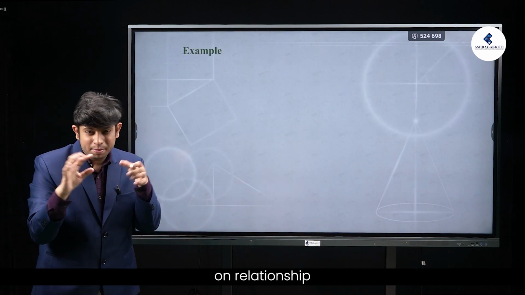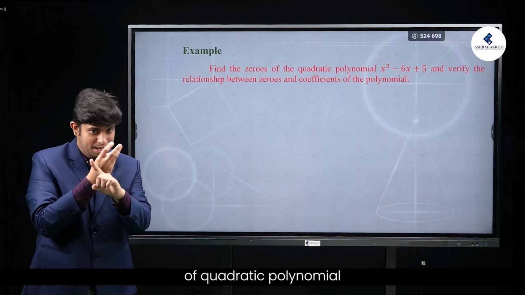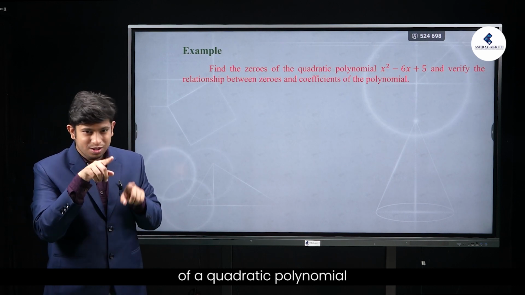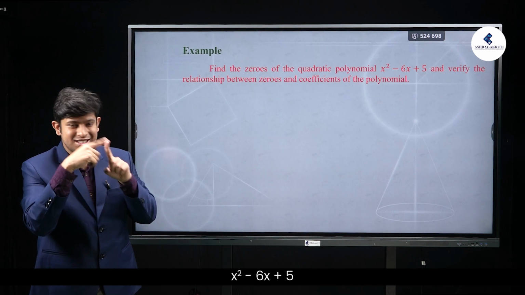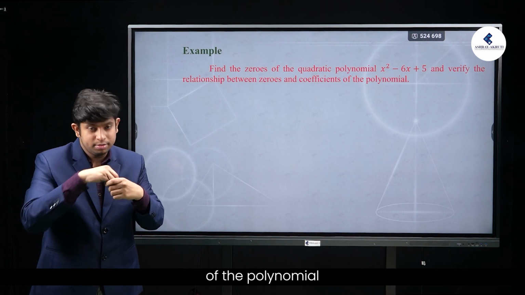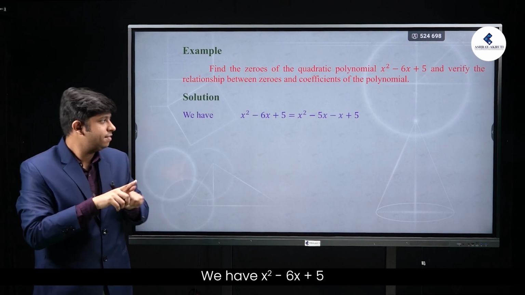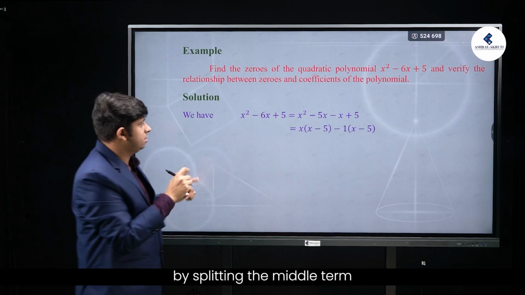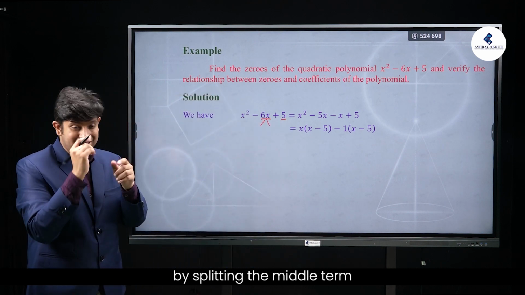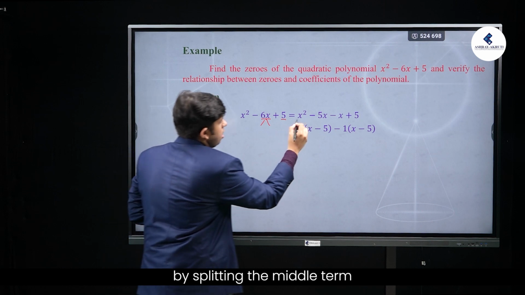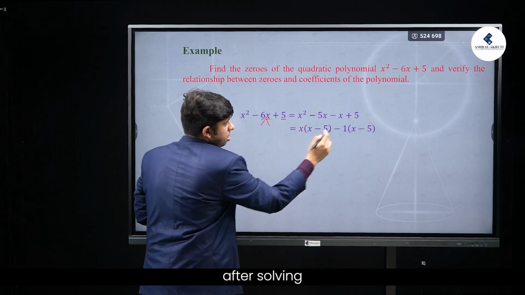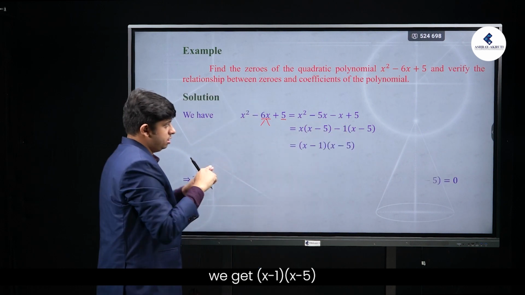Let us see an example on relationship between zeros and coefficients of quadratic polynomial. Example: find the zeros of a quadratic polynomial x square minus 6x plus 5 and verify the relationship between zeros and coefficients of the polynomial. Solution: we have x square minus 6x plus 5. By splitting the middle term, after solving we get x minus 1 into x minus 5.